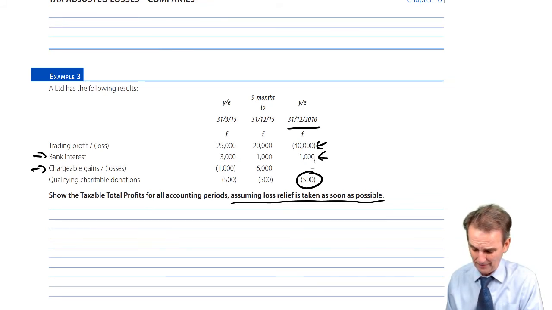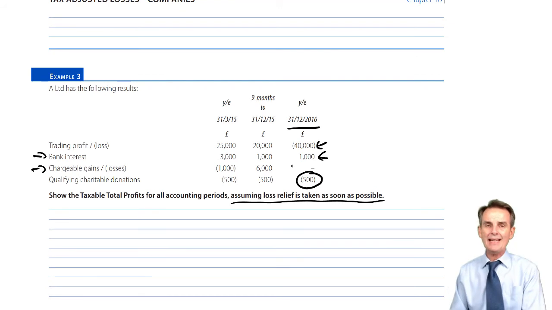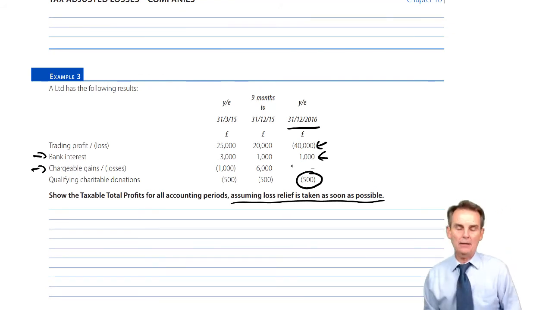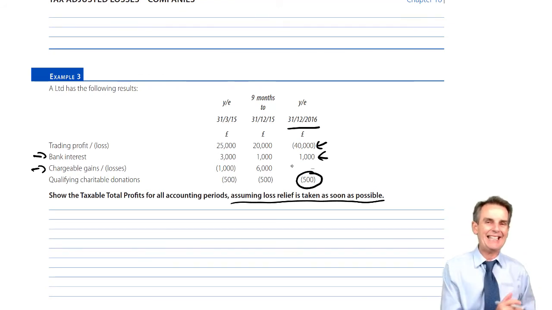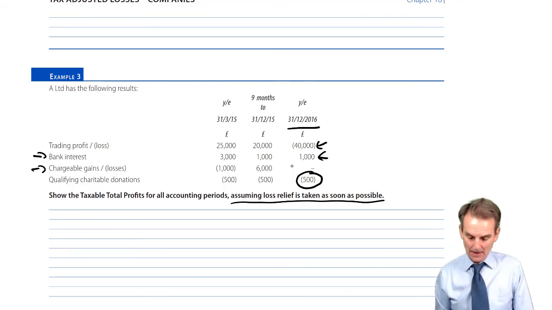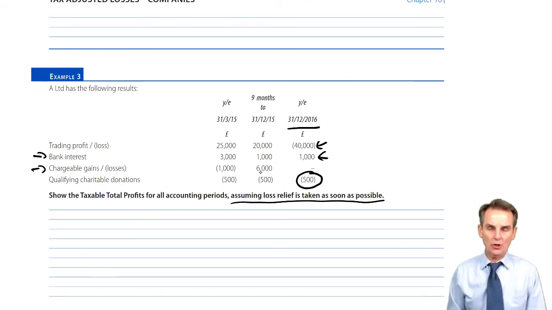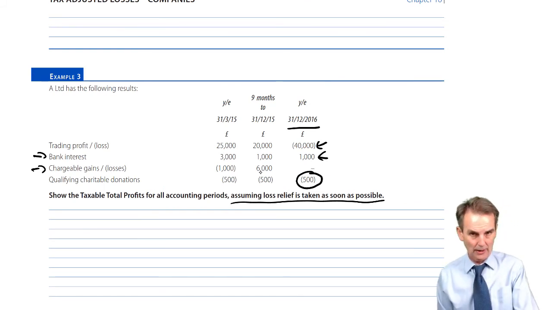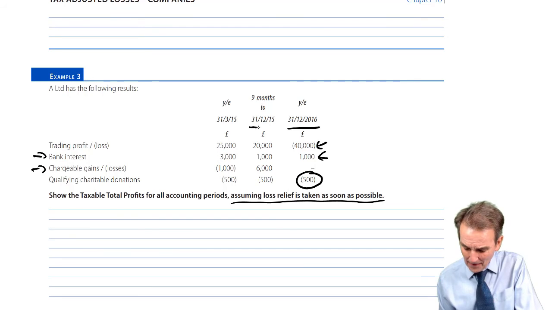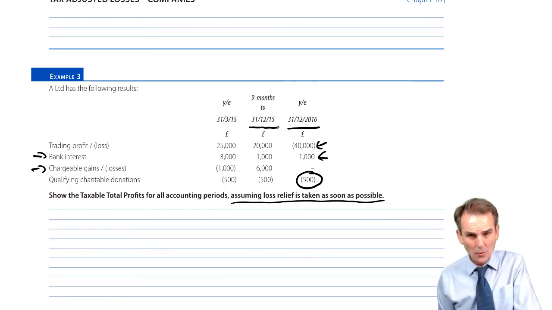We'll use 1,000. Now that means that you can then carry back, once you've made the current period claim, it accesses the carry back claim. You'll have used 1,000 out of 40, you've got 39 to carry back. What does it go against? Total profits. Now, what I've done here in this question is to make life just a little bit more interesting, because the previous period is only 9 months, and you know the carryback is 12 months.